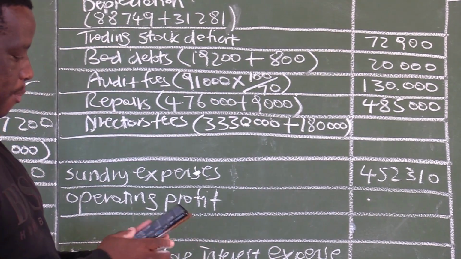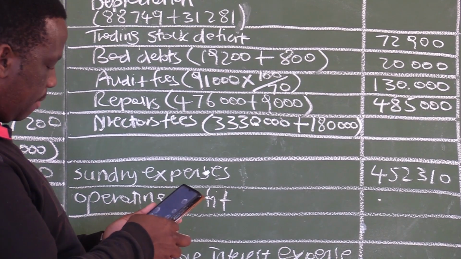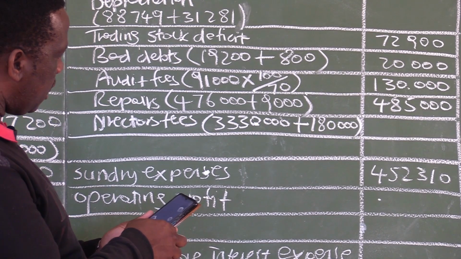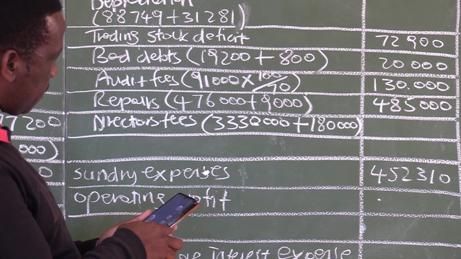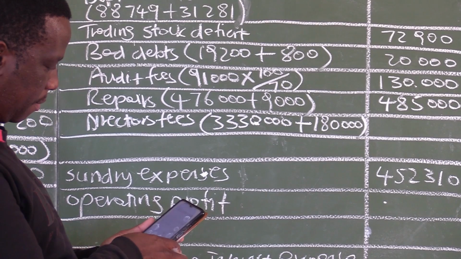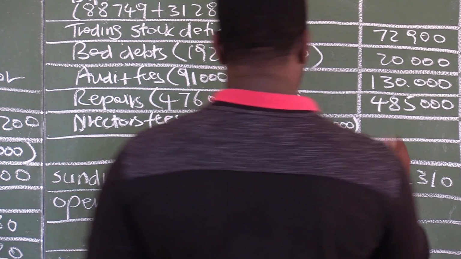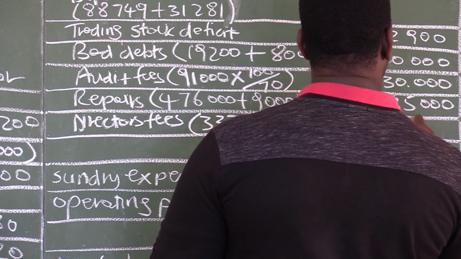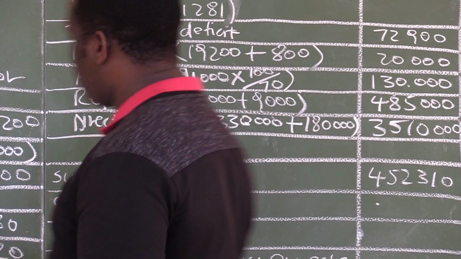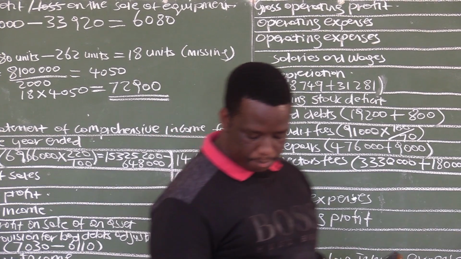So 3,330,000 plus 180,000 is 3,510,000. That is the total director's fees.